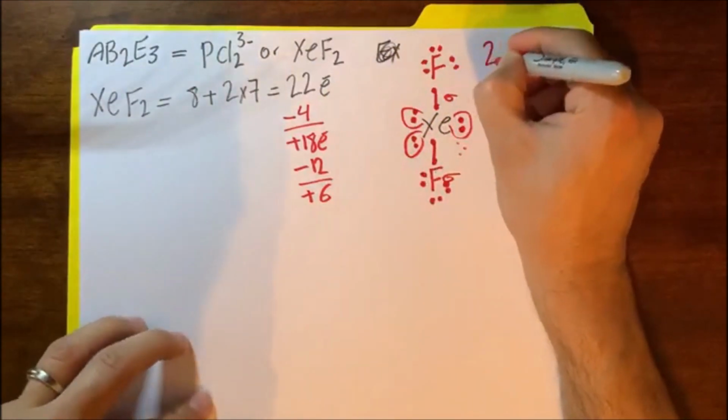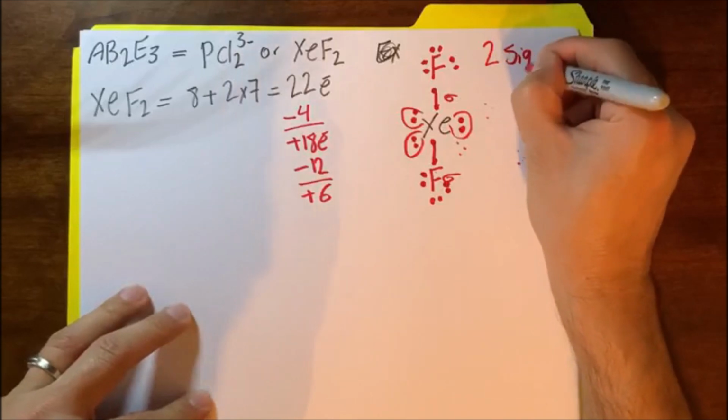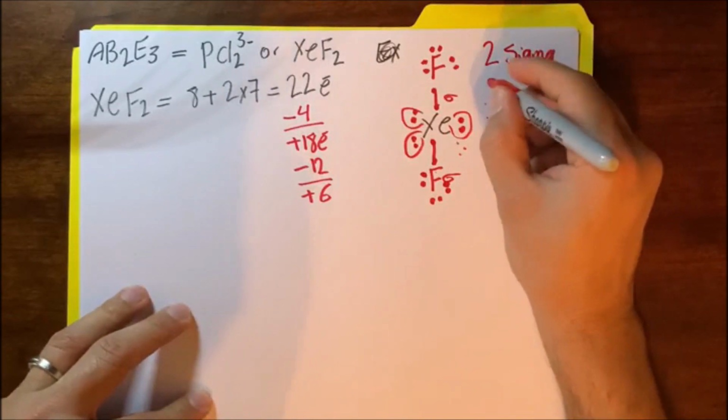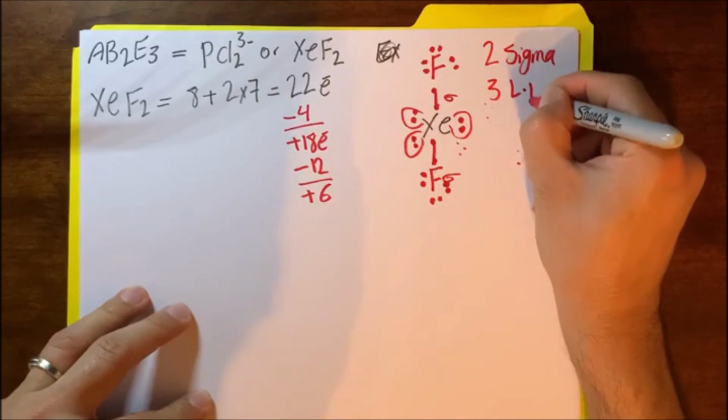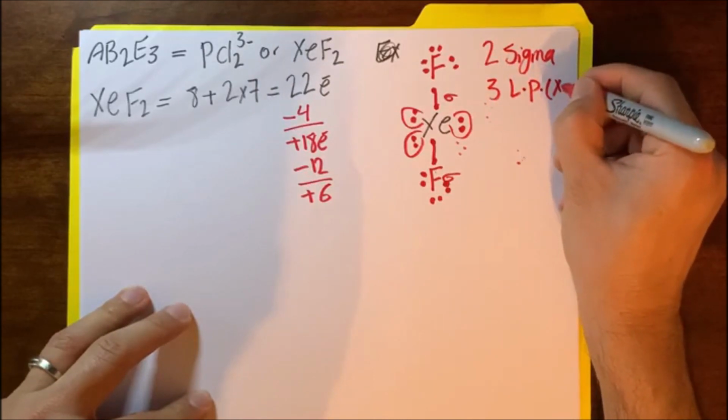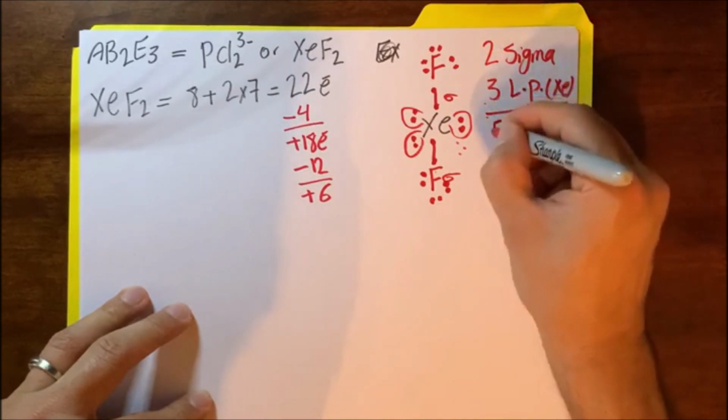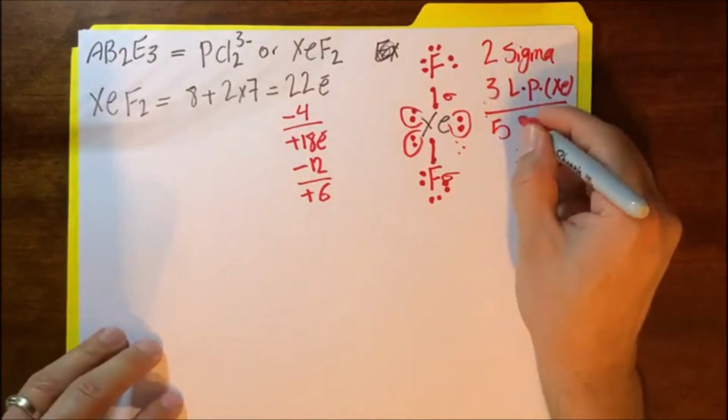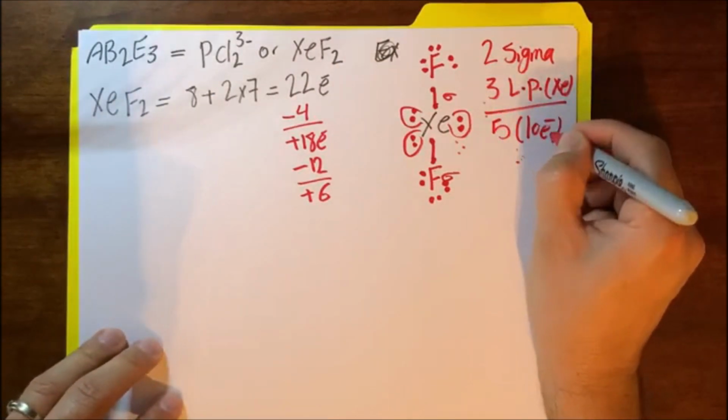So we have 2 sigma bonds and 3 lone pairs on xenon, equal to 5. Because it's equal to 5, we are dealing with 10 electrons.